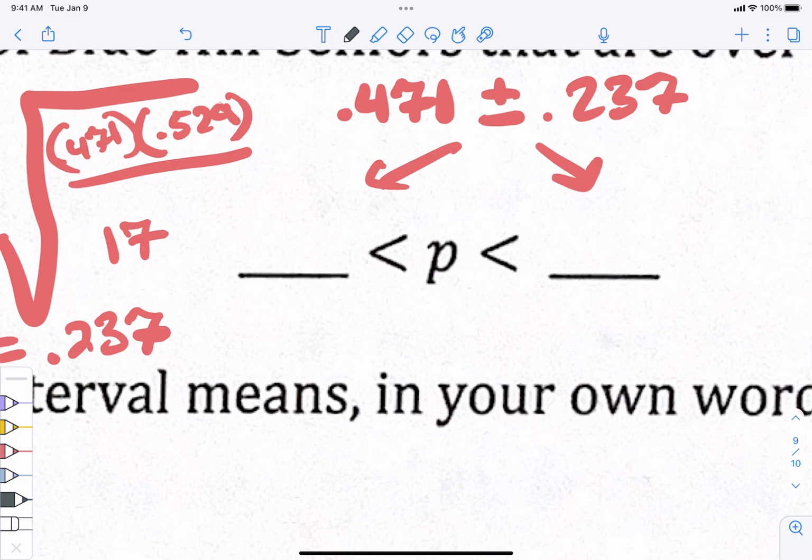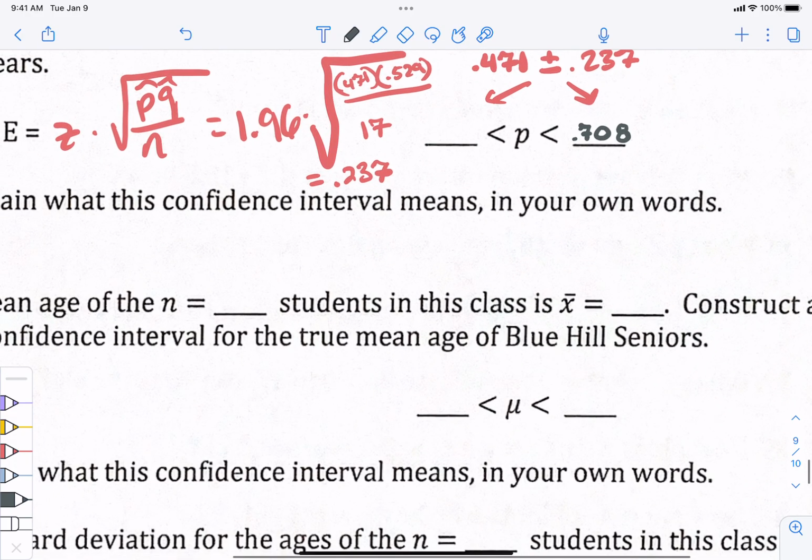I can add maybe 0.708. Subtract, 0.234. Check that bottom number, the subtraction. 0.471 minus the 0.237. Yes? Okay.